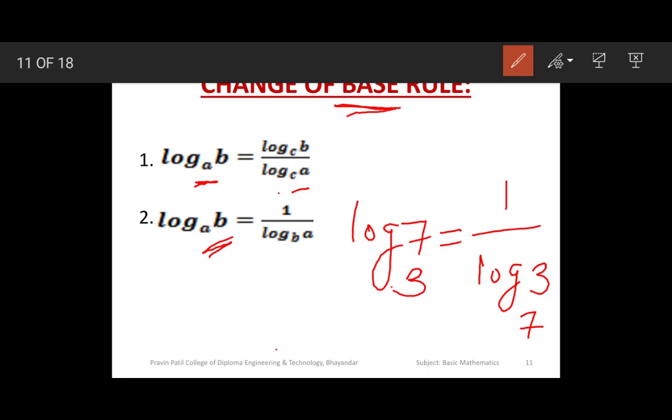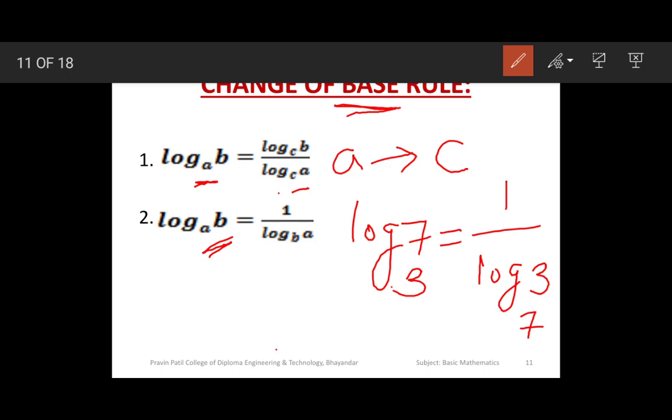In the first, the base was A and I am interested in C, a completely new base, so from A to C. The new base is C. So now we are converting the base of log to C. For that, the formula is log B to the base C upon log A to the base C.